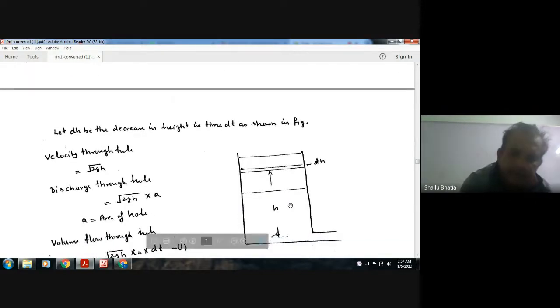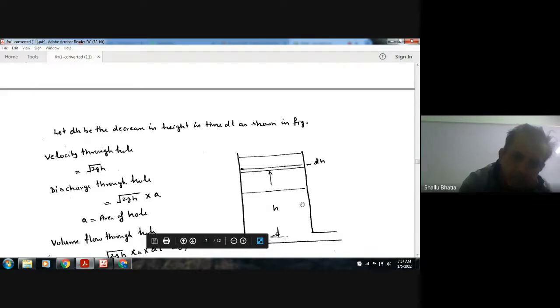So let at a height h, dh is the thickness of the strip. So velocity through this hole is root 2 g h. So the discharge through the hole is velocity into area of this hole.